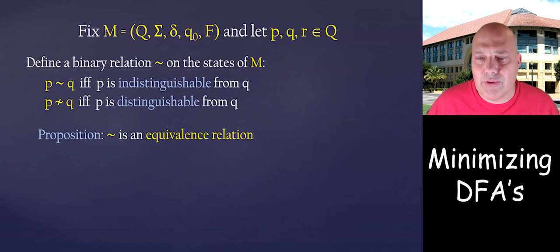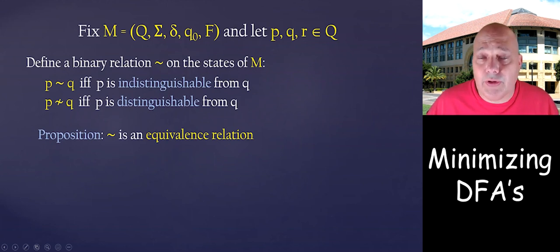An equivalence relation has three properties that makes it pretty similar to equality. So in some sense, these are properties that equality has, and these will be useful for us.